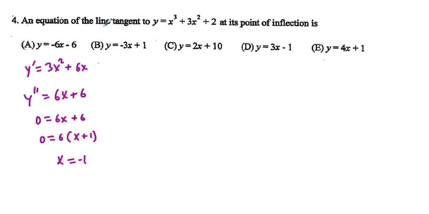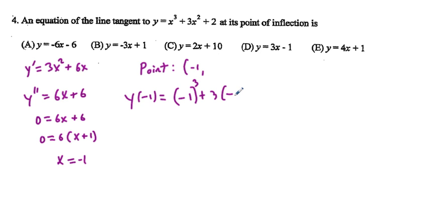Again, to find the line of tangent, we need a point and a slope. Well, now we have an x value. We have a point. It's going to be x equals -1, and y equals, we don't know. But we're going to plug in -1, so y of -1 is equal to -1 cubed plus 3 times -1 squared plus 2.